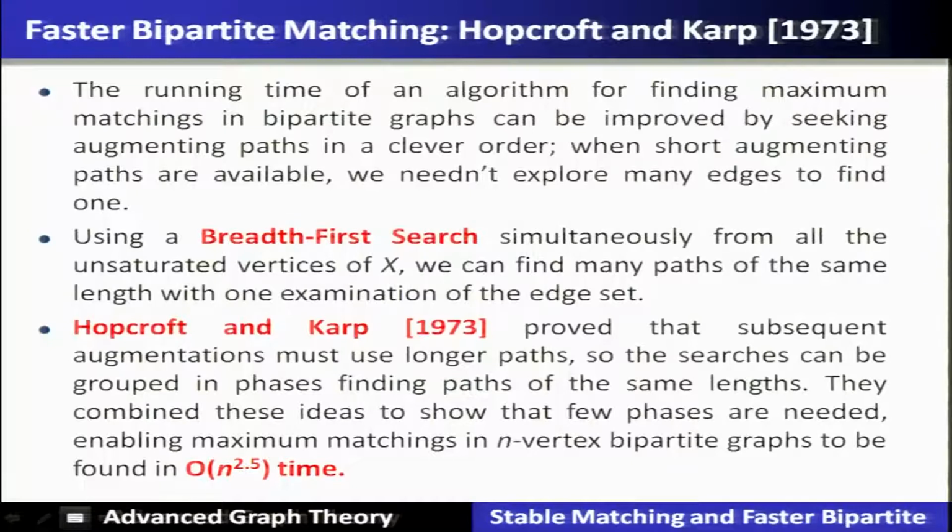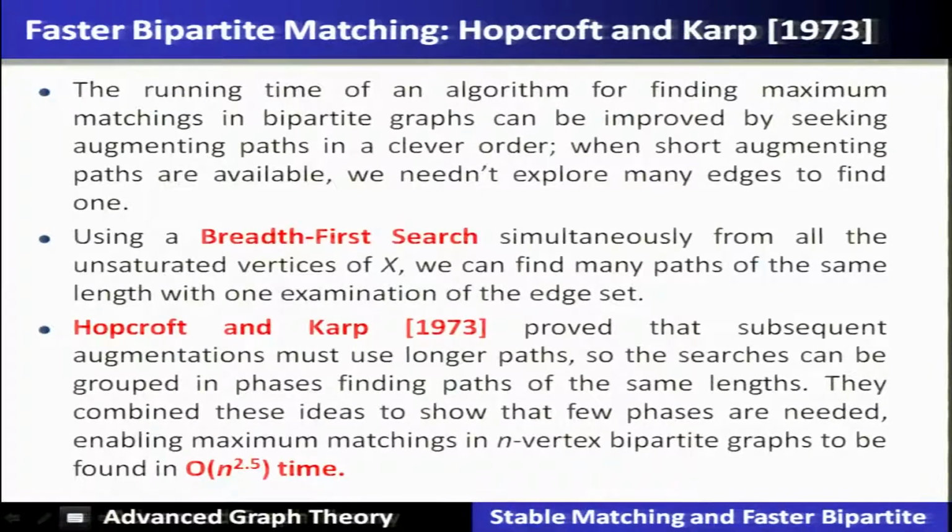When short augmenting paths are available, we needn't explore many edges to find them, and that will be done through the use of a breadth first search. Breadth first search explores the shorter paths before it explores the longer paths.